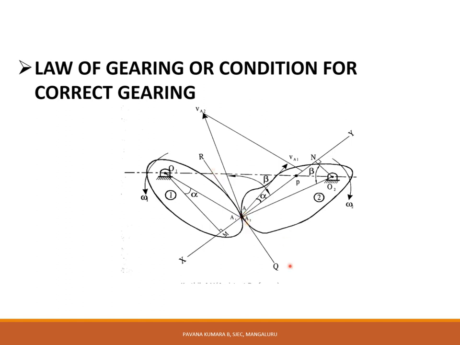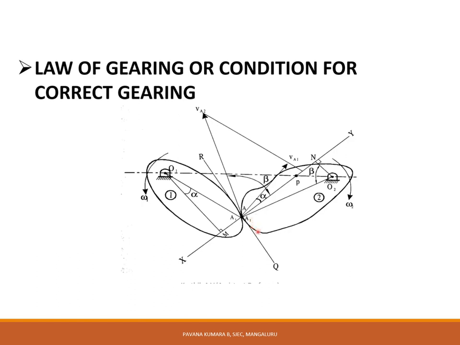Then XY is the common normal line at this point, and RQ is the common tangent line at this point. Next, omega 1 as well as omega 2 are the angular velocities of A1 as well as A2.